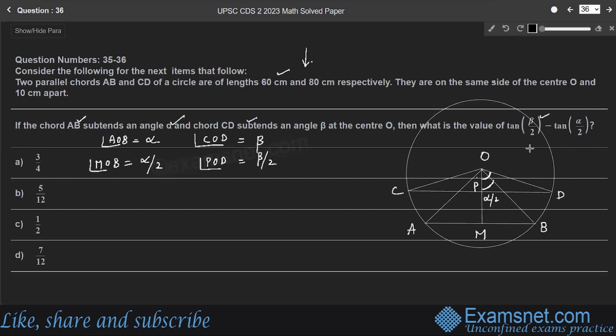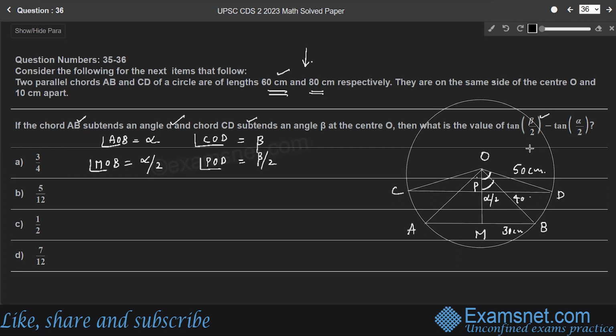In the previous question, we had calculated the values of radius and diameter. There the radius was 50 centimeter and the diameter was 100 centimeter. Since the length of CD is 80 centimeter, therefore PD is 40 centimeter. And AB chord is 60 centimeter, which is given, so MB is 30 centimeter.